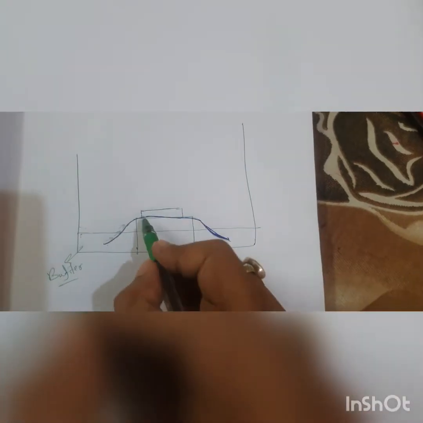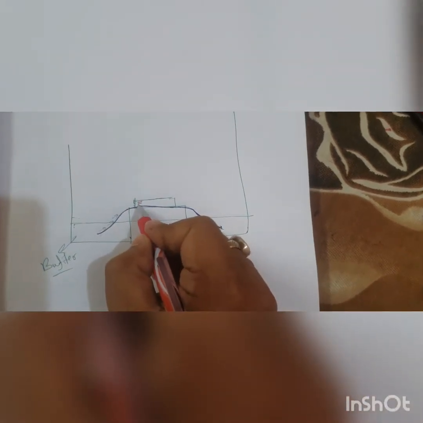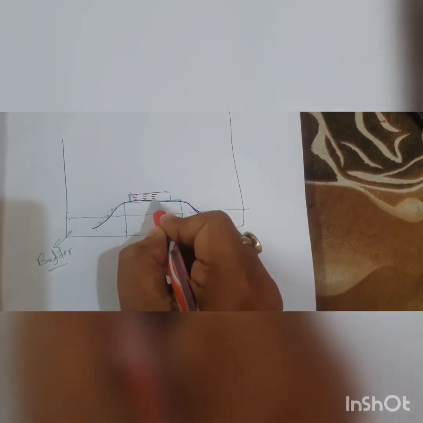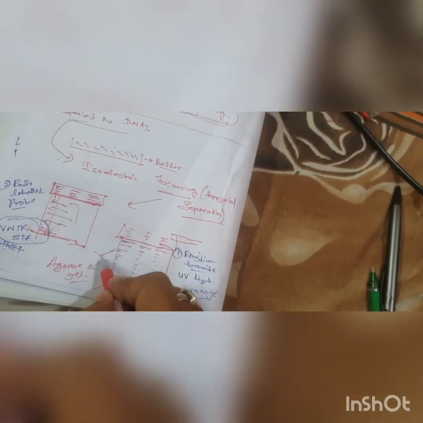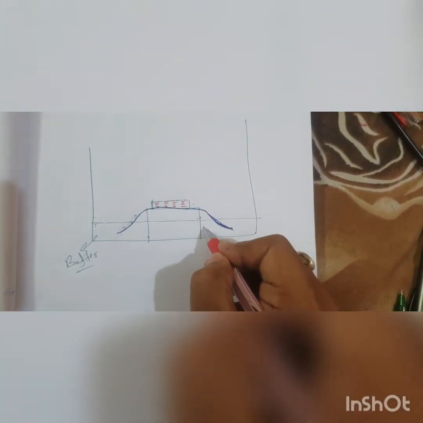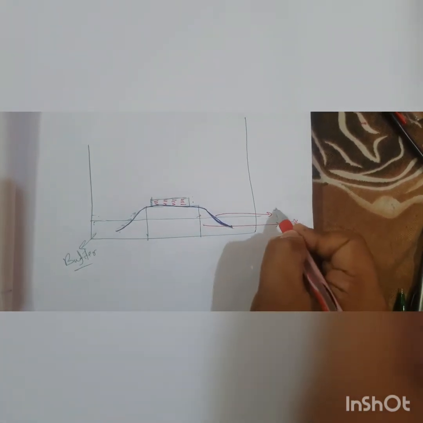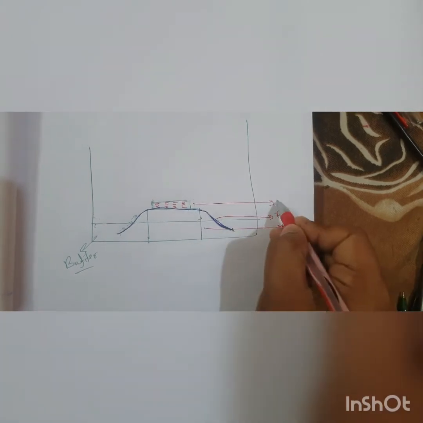Above it you will put the agarose gel on which the DNAs are separated. All the DNAs are separated. This agarose gel is put here like this, sidewise. So this is a wooden block, this is the filter paper and this is the agarose gel.